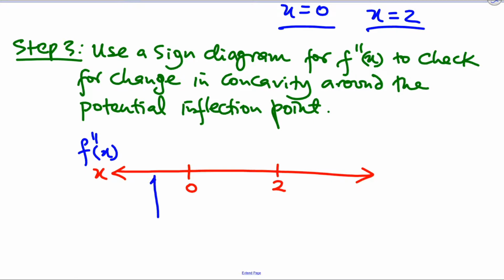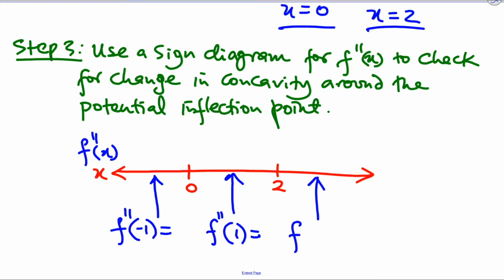Now, what we need is the signs for the second derivative, which means we are going to pick some test points in between these and try them out. For example, we can test the point on the left of 0, which is -1. Between 0 and 2, we can test 1.